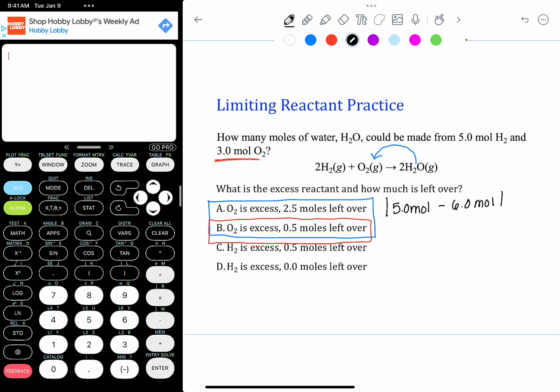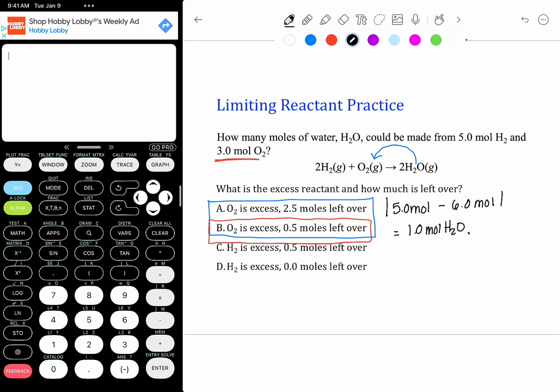We'll take the absolute value because we can't have a negative mole value. And we get that the difference between them is 1.0 moles of H2O. We can then take that difference value and convert it to our excess reactant in order to see how much was unused in the reaction.